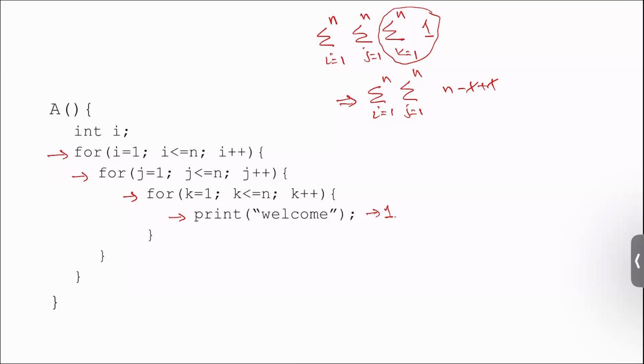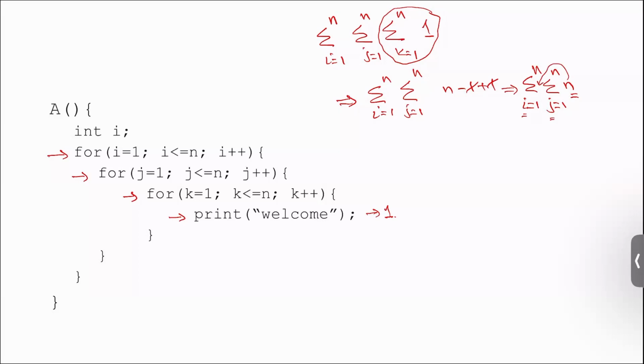So what remains is summation i from 1 to n, summation j from 1 to n, and the remaining stuff is n only. Now, this n is constant with respect to j. So let's move this n out of the j summation. And then this n is also constant with respect to i.